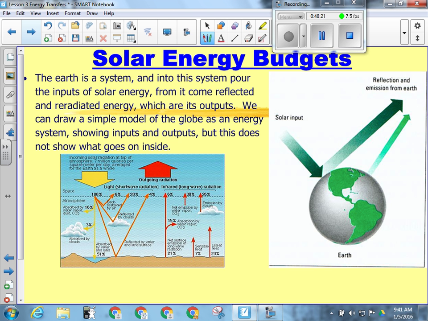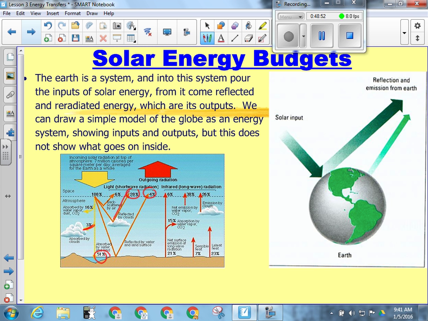Meanwhile, in those upper layers, we get backscattering, that stuff that makes the sky blue. 6% of the incoming light is scattered. 16% is absorbed there. Another 3% a little lower down is absorbed by clouds. And then absorption by water and land, 51%. Reflection by clouds, 20%, and reflected from the Earth's surface, 4%.